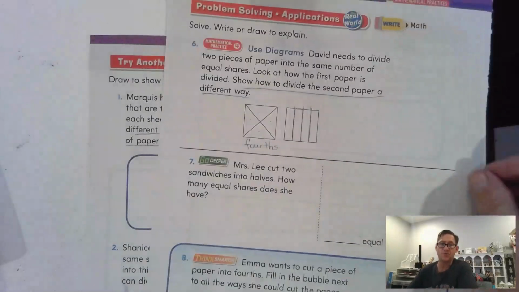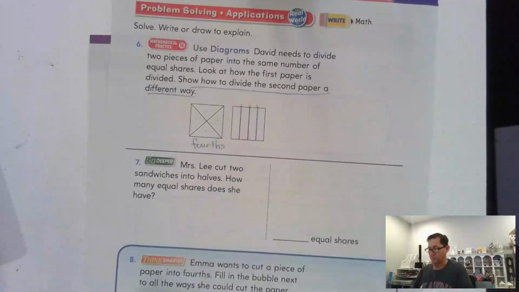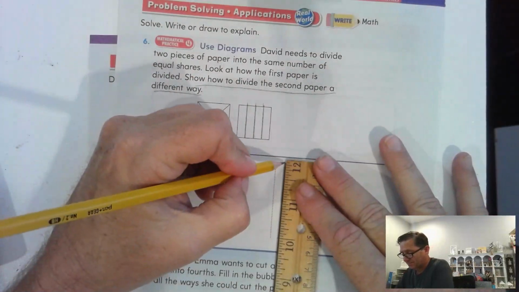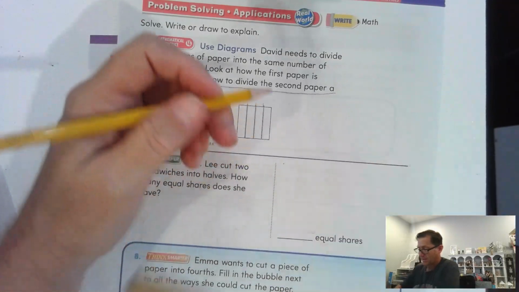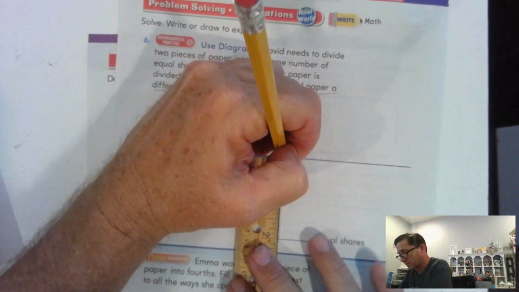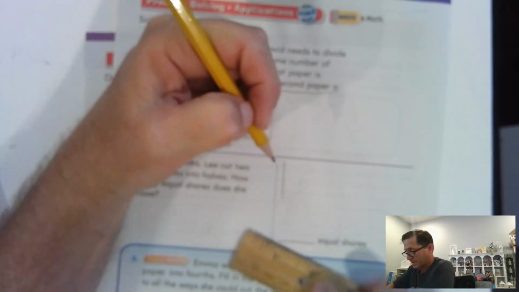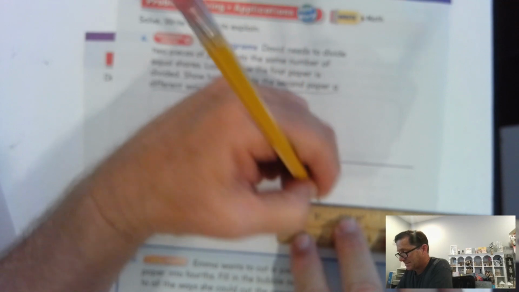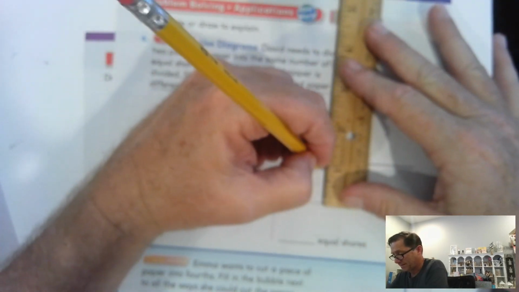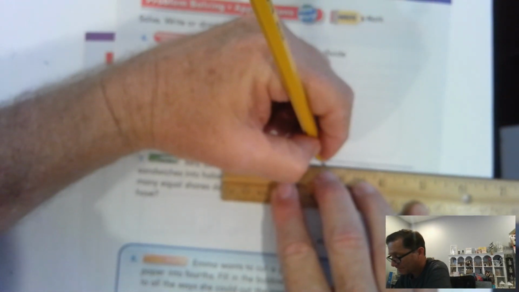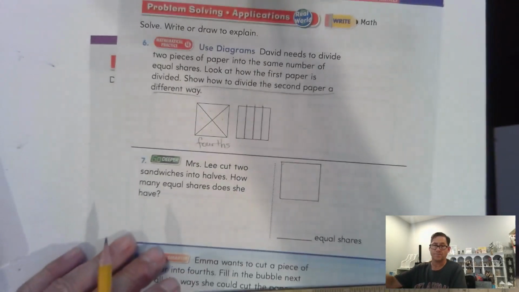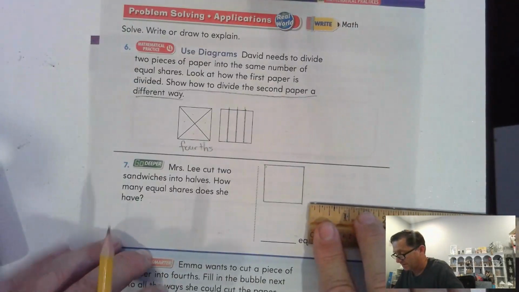Mrs. Lee cut two sandwiches in half. How many equal shares does she have? Well, I'm just going to quickly draw two squares just for accuracy and to see what we mean by cutting it into halves. Okay, and so then we have a second one.